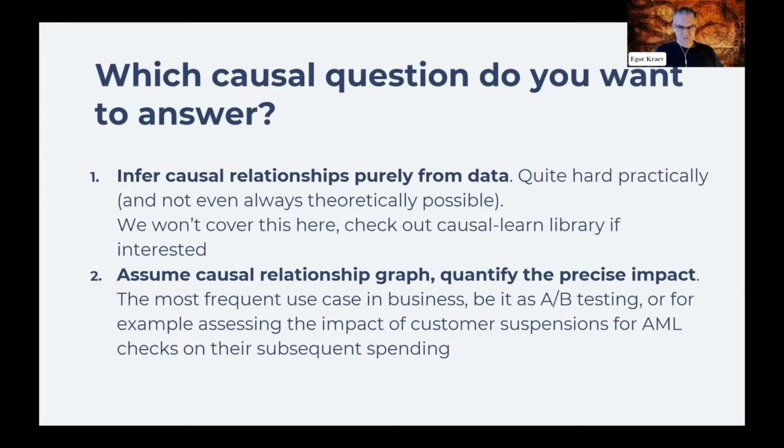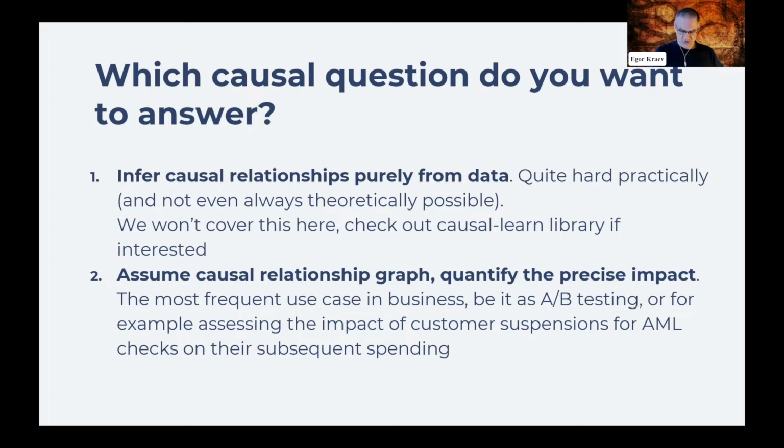However, what we focus on here is to assume the causal relationships. And what we want to do is to quantify the impact of the decisions. So for example, you're using an A/B test, so the causal relationship is quite clear. We have customer characteristics, and we have our treatment.